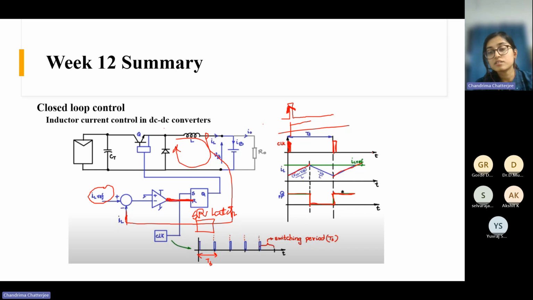The current shouldn't keep increasing throughout the time period. It will have to reach the peak and again it will have to reset. So that's why maybe we use the SR latch, because you have the set pin as well as the reset pin over here. Okay, so that I will have to see.